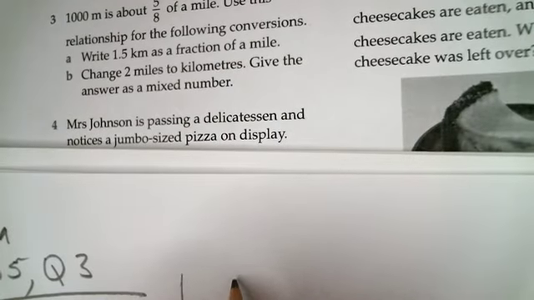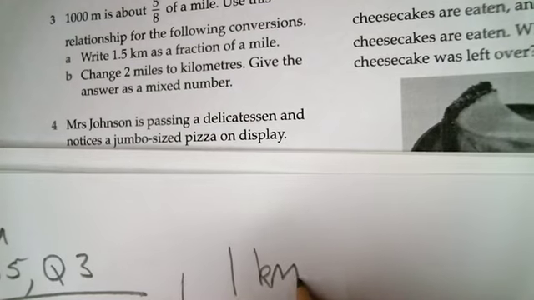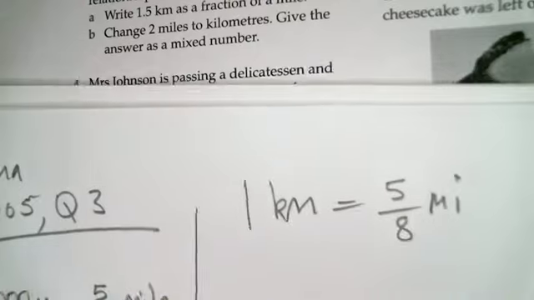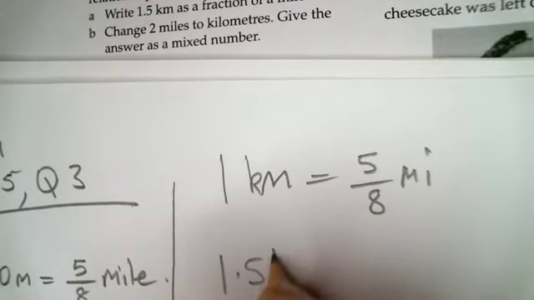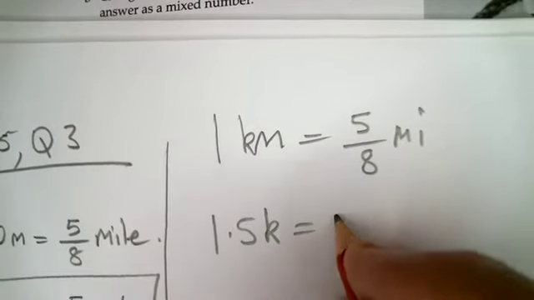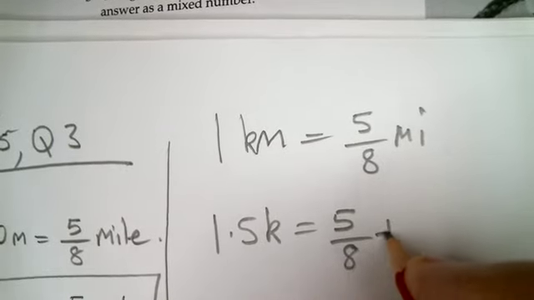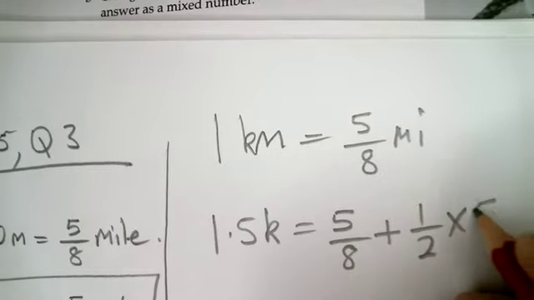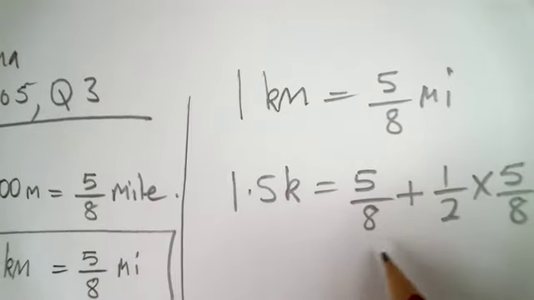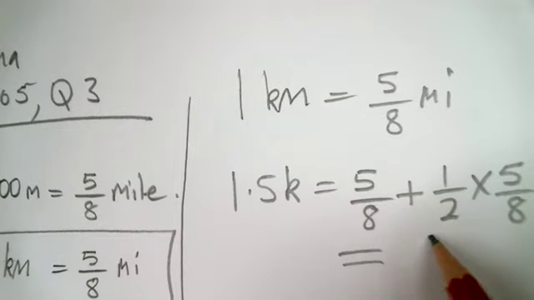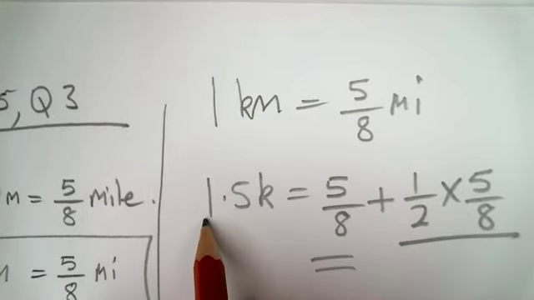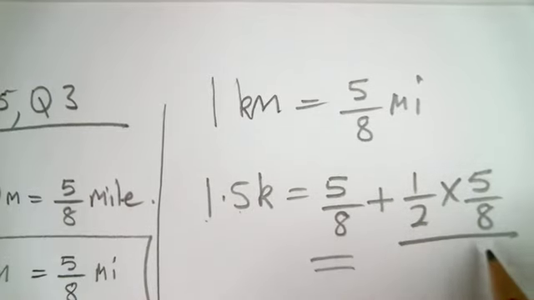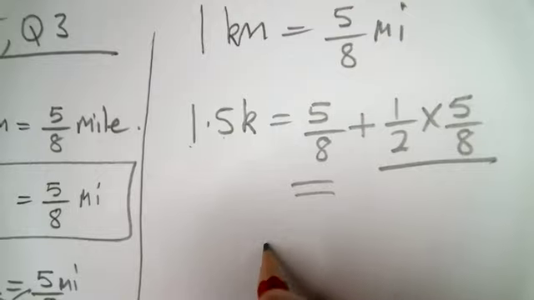So if 1 kilometer is equal to 5/8 of a mile, 1.5 kilometers must equal 5/8 of a mile plus half as much again, half times 5/8. So we've got our 5/8 plus half of 5/8, 1 kilometer and half a kilometer, 1 mile and half a mile.